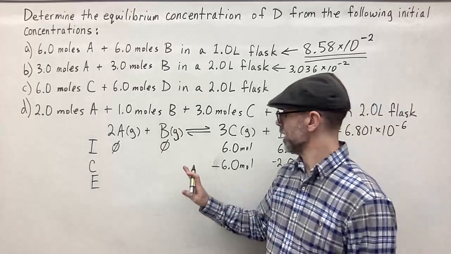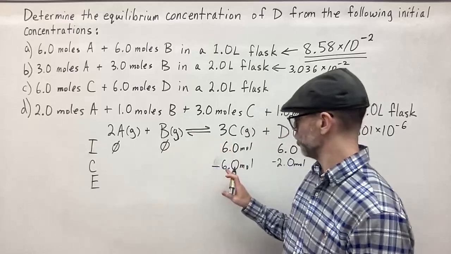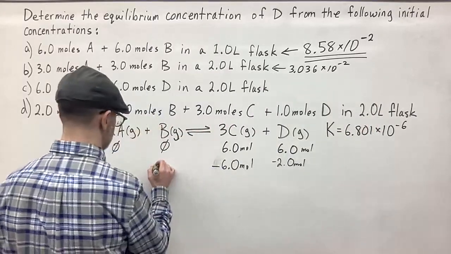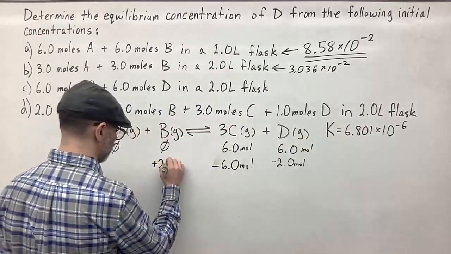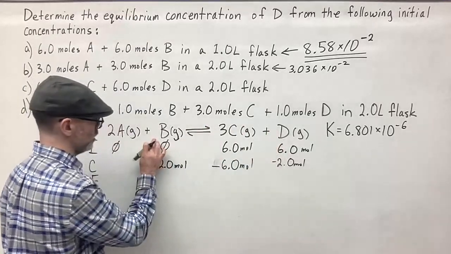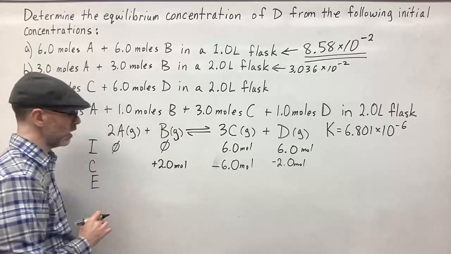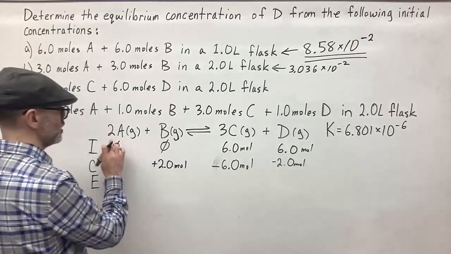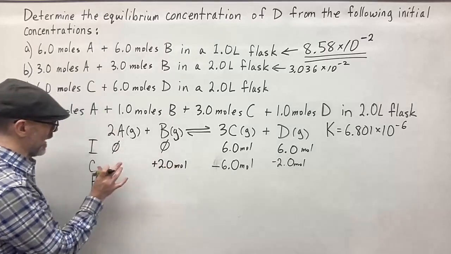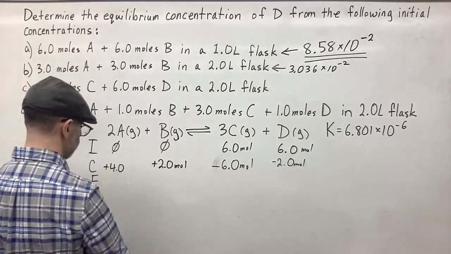And then over here, since this is a 3:1 ratio, if I lose 6 moles here, then I'm going to gain 2 moles of B. And again, this is a 1:1, so if I lose 2 moles here, then I gain 2 moles here. And then this is a 1:2, so whatever I gain here, I'm going to gain double that amount. So I'm going to gain 4 moles here.